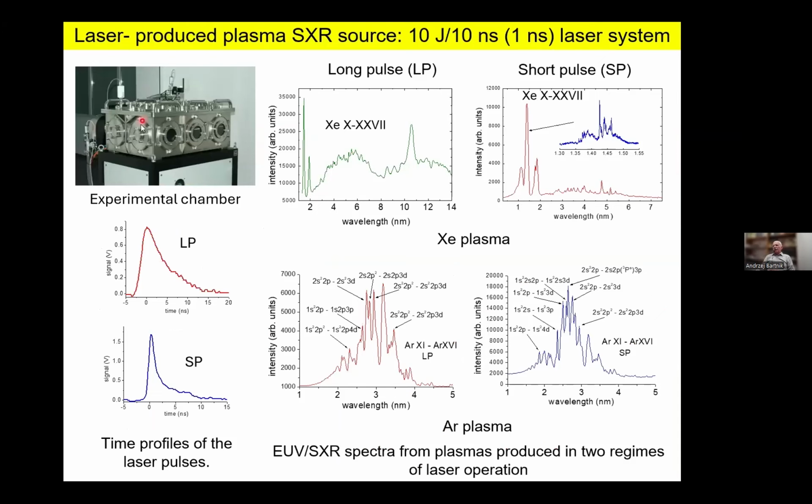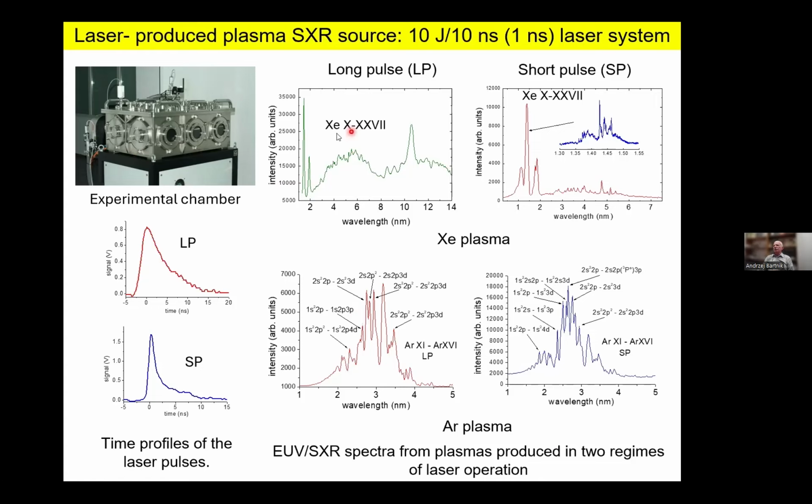And this is our second system with a larger laser, and in this case we can obtain even soft X-ray photons. Depending on the gases that are used for plasma creation, we can obtain a variety of spectra.